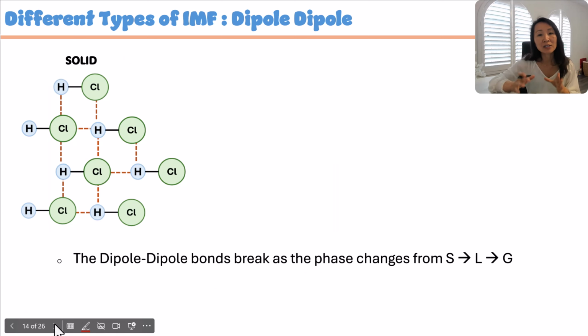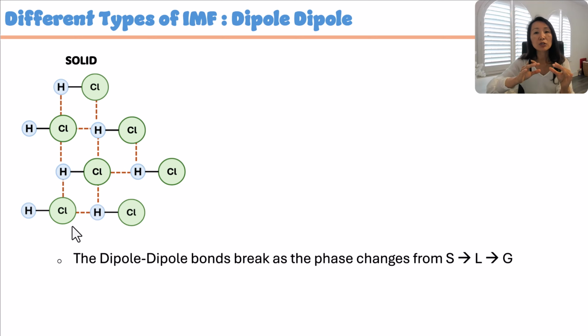Now, how does this relate to the phase changes from solid to liquid to gas? Well, as they go from solid to liquid to gas, these dipole-dipole bonds break as they go through the phase changes.